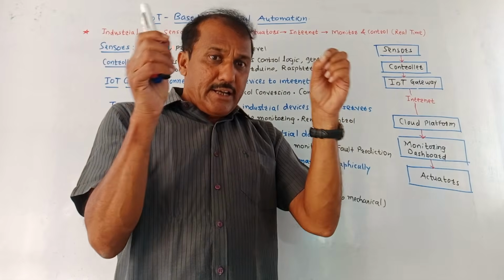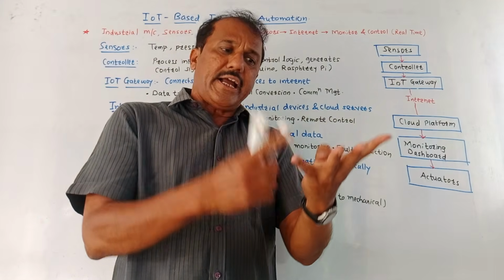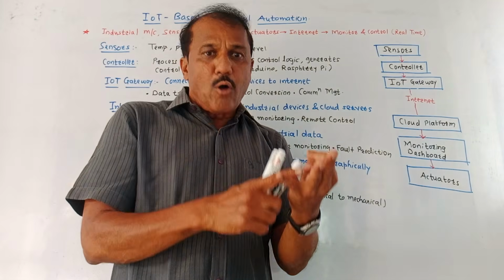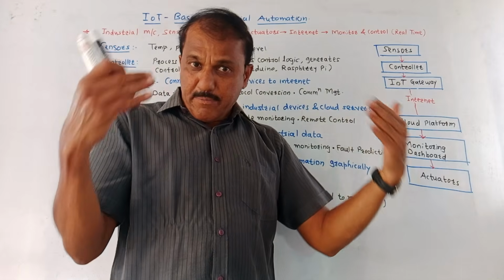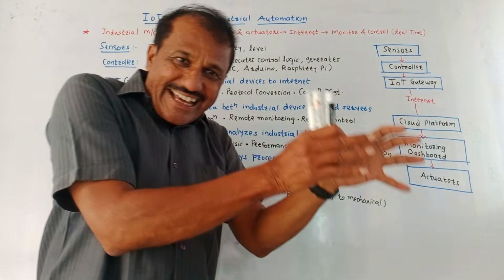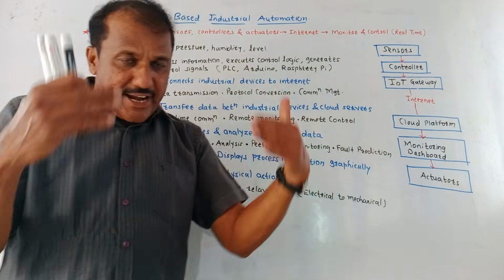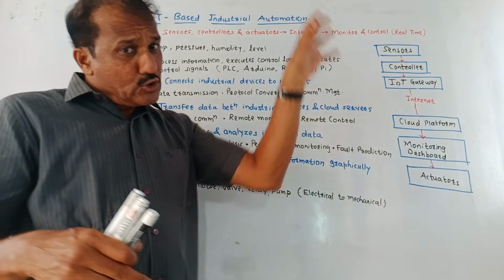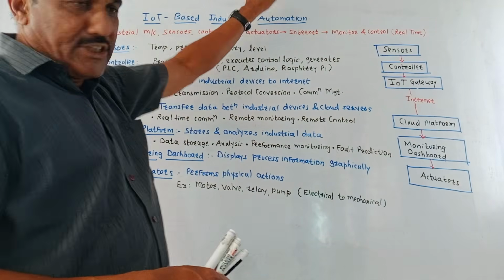Then there is less effort as far as the human operator is concerned. Then monitoring and controlling is performed in real time, so different control actions can be generated immediately. Then there are hardly any delays as far as the faults are concerned, so we can identify the faults earlier. So this is the need of using this IoT based industrial automation.